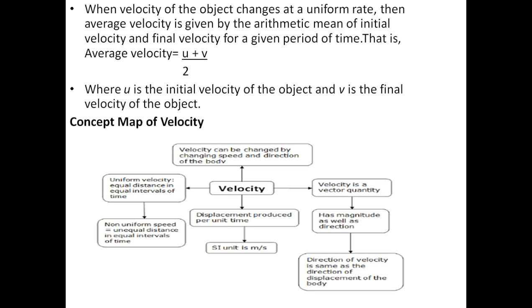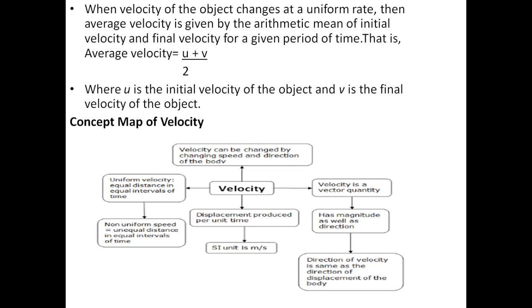So the first point you will see in the slide is written here: when the velocity of an object changes at a uniform rate. If the body is moving with a uniform motion, it means it is moving at a uniform speed, and it is moving with a uniform velocity also, because we already discussed that velocity is nothing but speed in a definite direction.